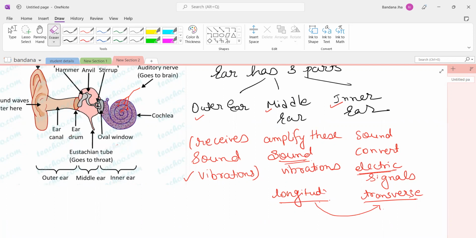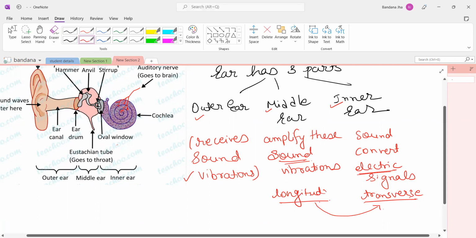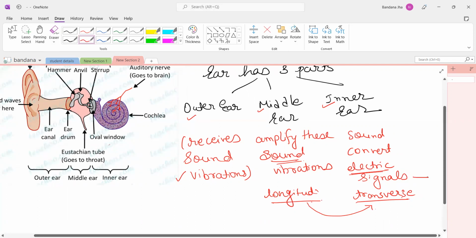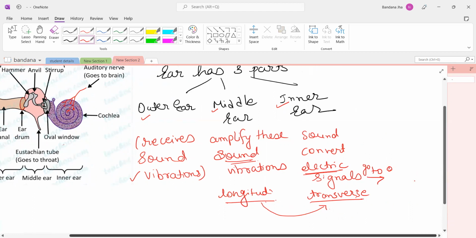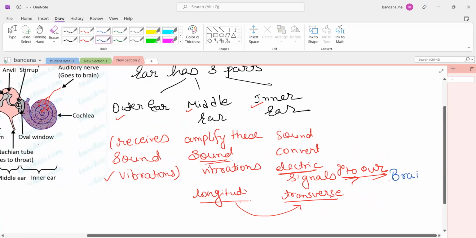Now the next topic is the main function. These are the main three functions of the ear. These electrical signals then go to where? Our brain. Is this clear?